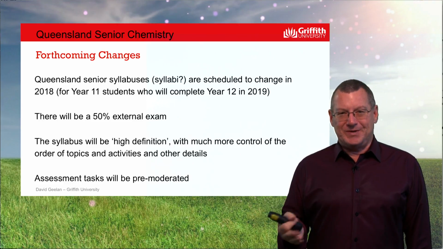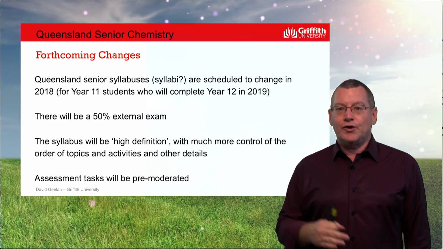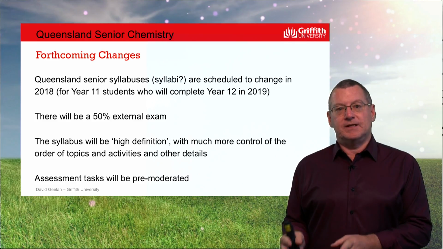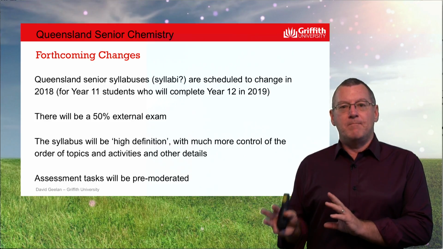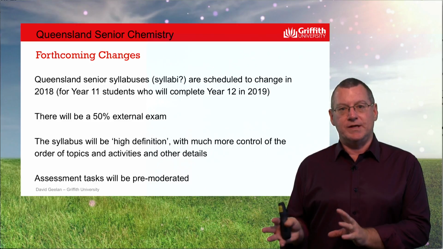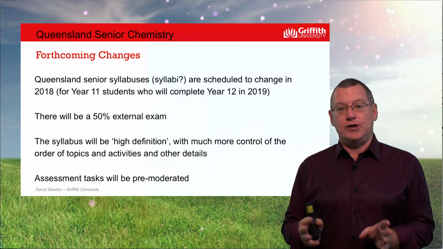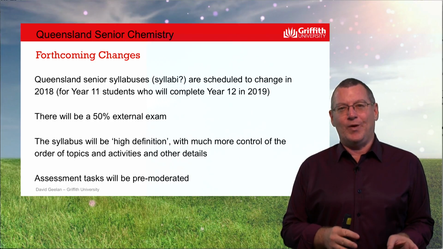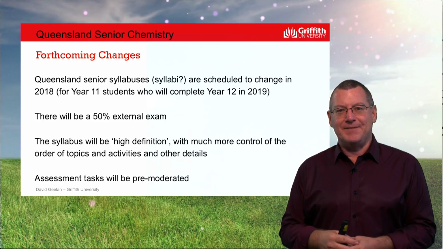That's the current system, which you'll be working in for the next couple of years. The new system will be that you create an assessment task, send it off or upload it. Somebody else, somewhere else, who's got panel training, moderates that assessment task and says, yes, this is an appropriate level, or no, this is not an appropriate level. And then once you've got approval for it, then you can administer it to your students. So clearly no creating the test the night before or the weekend before the test, because there's going to be some considerable turnaround time for this process.